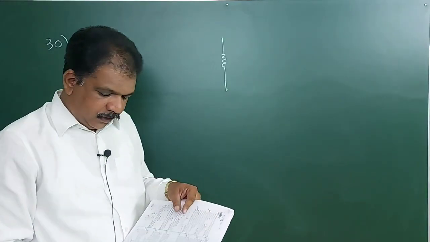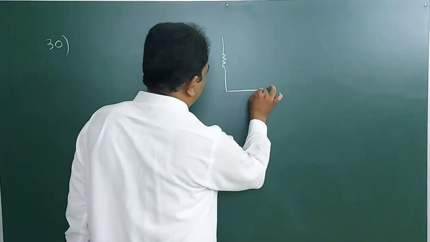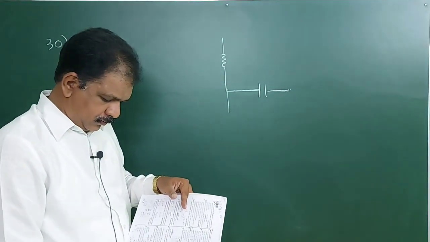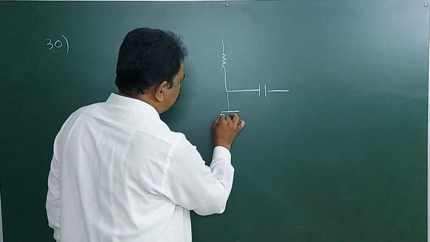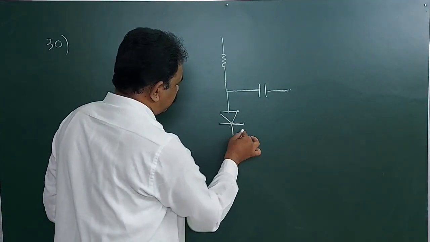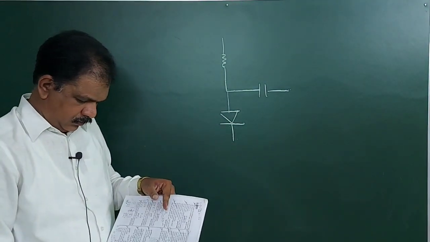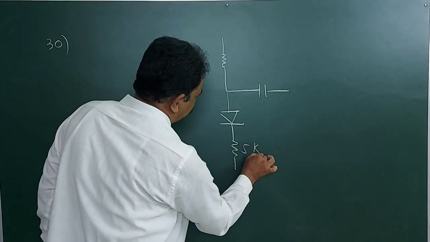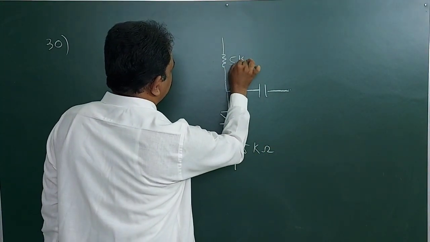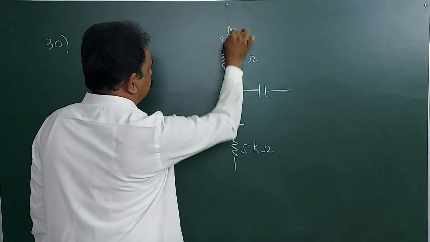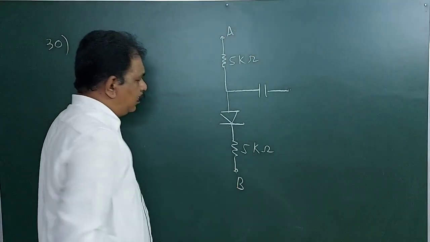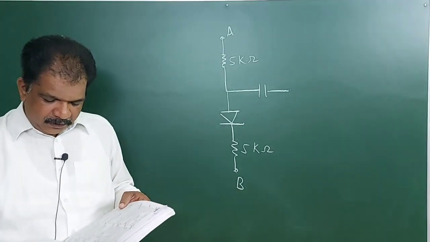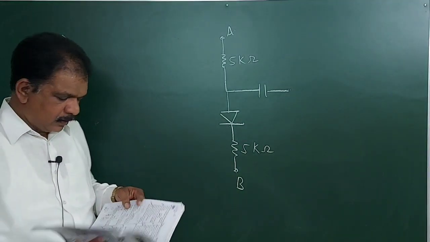Lots of circuits we did in current electricity. What is the PD in between A and B? That is the question.